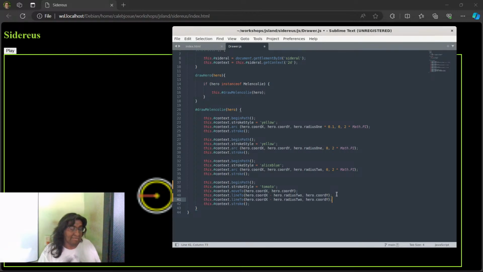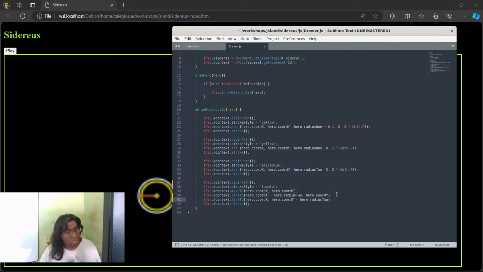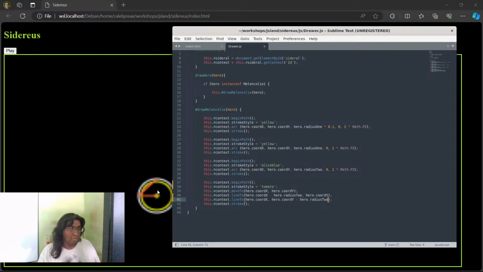I have duplicated. We need another move too, because the point moved. And now we are also understanding this Canvas API.